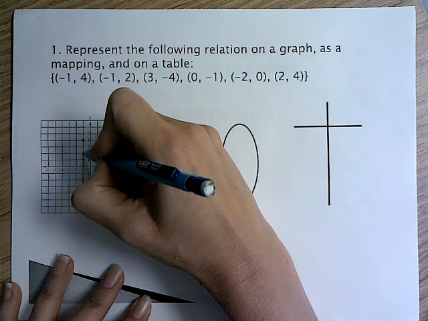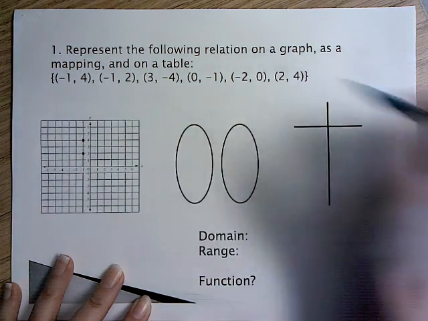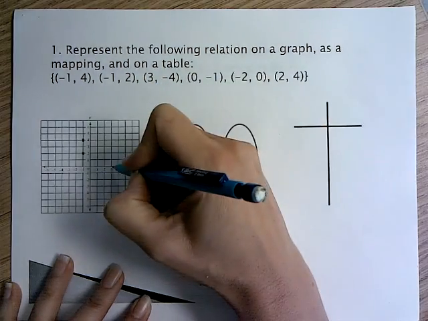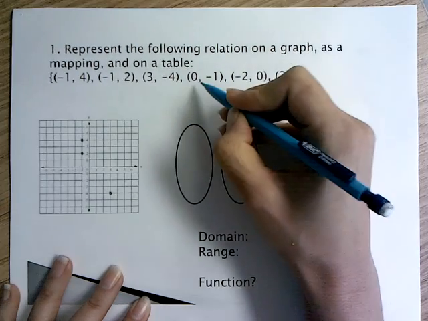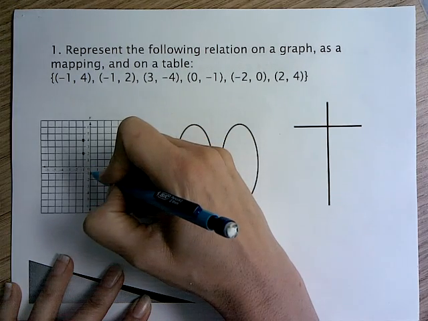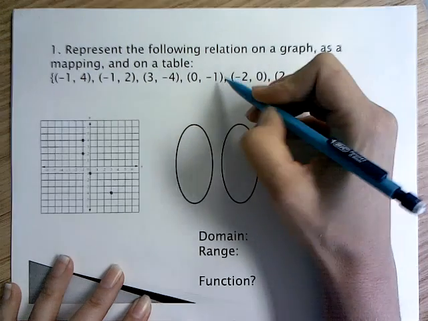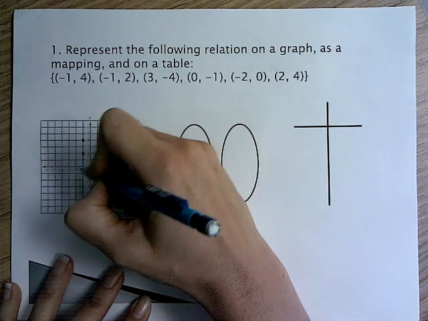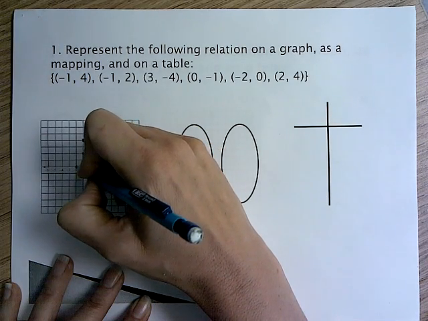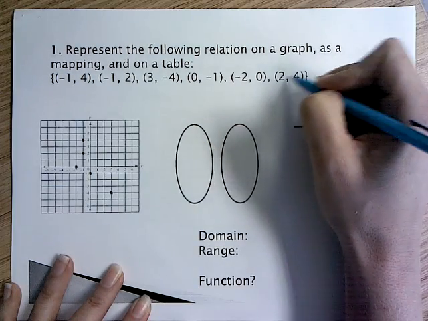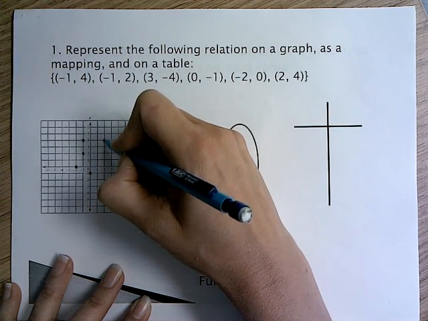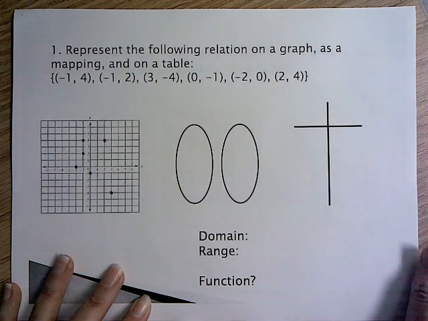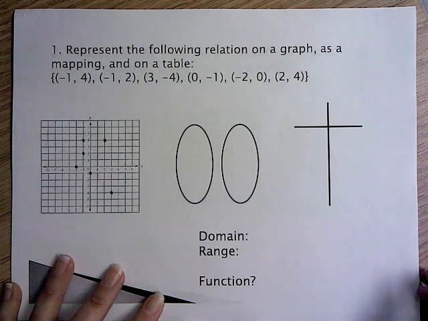Remember, it's always x and then y. (3, -4), 3 and then -4. (0, -1). (-2, 0), -2 and then 0 on the y, so we stay right there. And then (2, 4). Remember, with a relation, we are not connecting dots. We're just graphing the points.